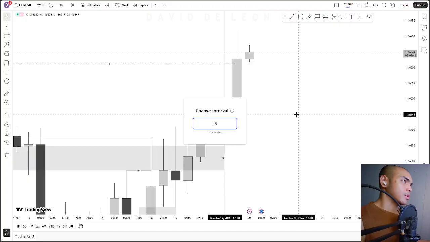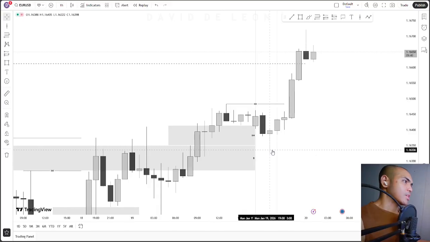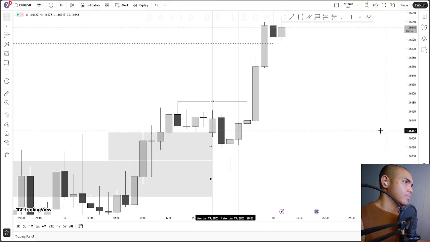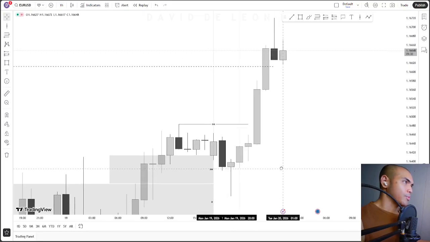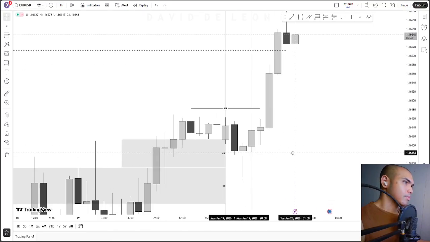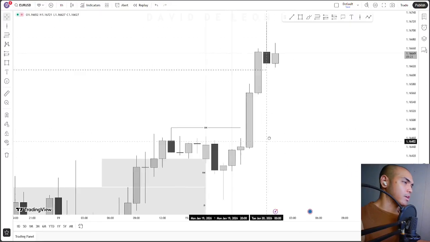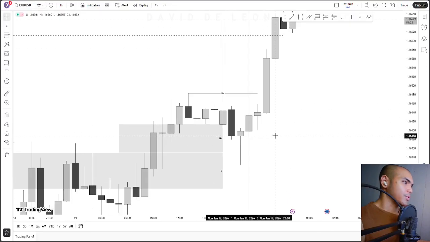But as we can see, this move happened before the London session, during Asia. So I didn't get any entry or execution around this time.